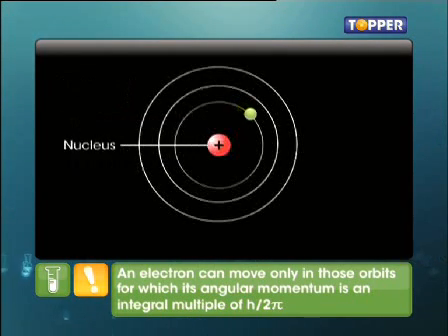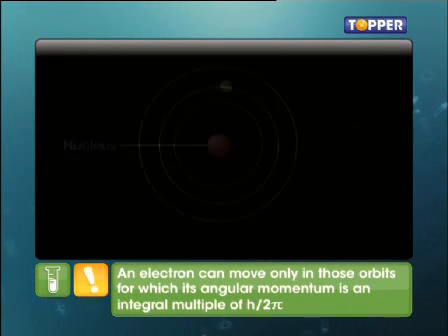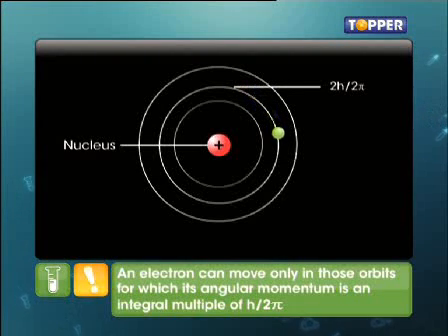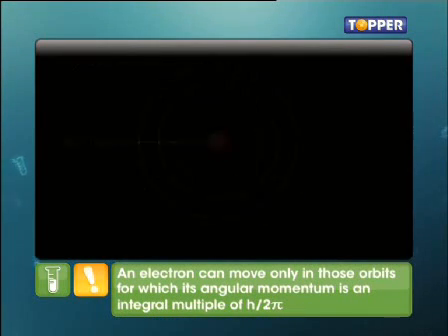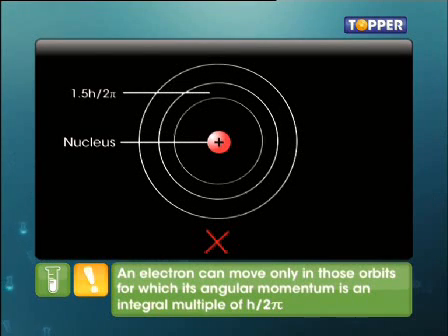That is, if the angular momentum of an electron is mvr, then the electron will move in only those orbits for which mvr is equal to h by 2 pi, or 2h by 2 pi, 3h by 2 pi and so on. 1.5h by 2 pi is not possible.